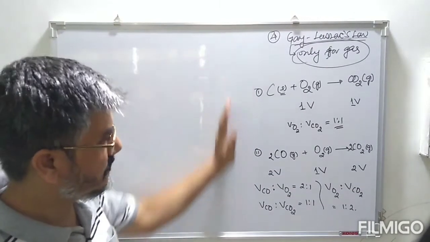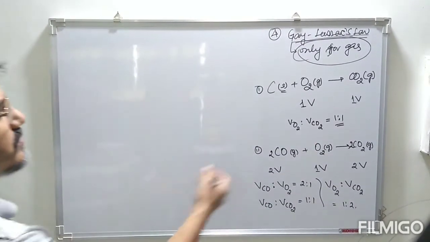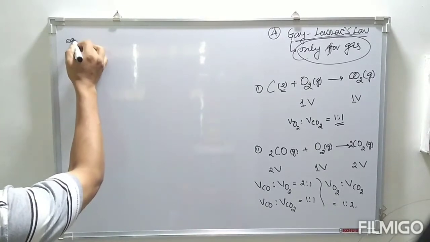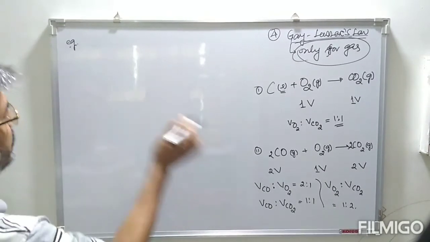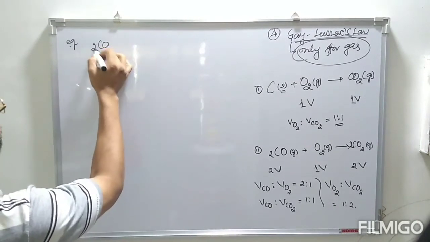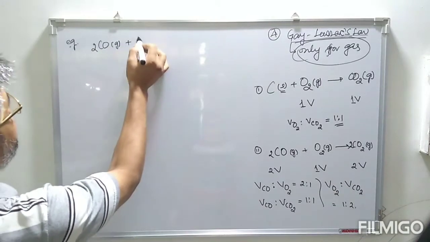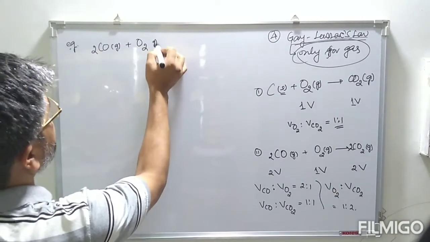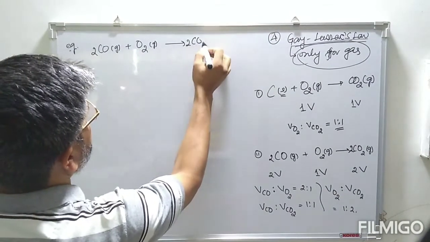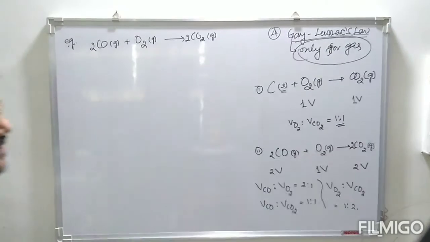So let's see how we apply this in solving problems. Suppose we have this reaction, carbon monoxide gas reacts with oxygen gas, and this gives you carbon dioxide gas.